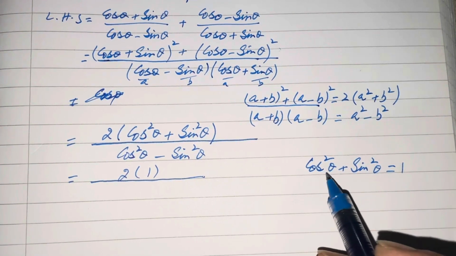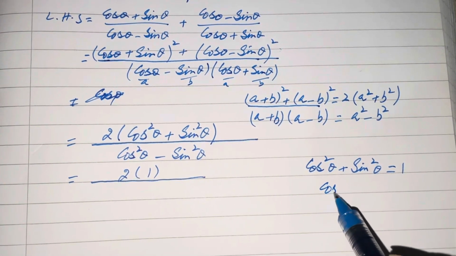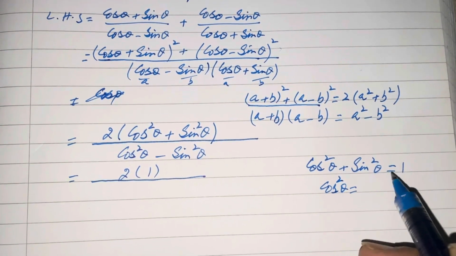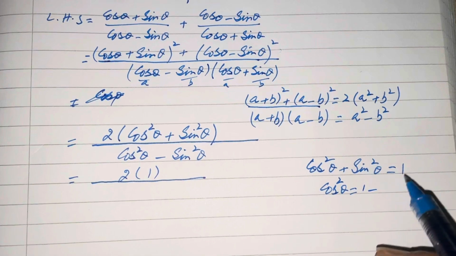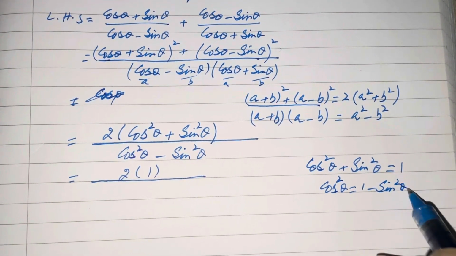So we will change the cos square theta into sine square theta by using this identity. What can cos square theta be equal to? If we take this sine square theta to the other side of the equation, it can be written as 1 minus sine square theta.